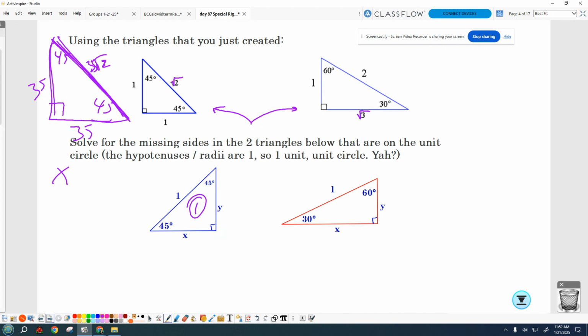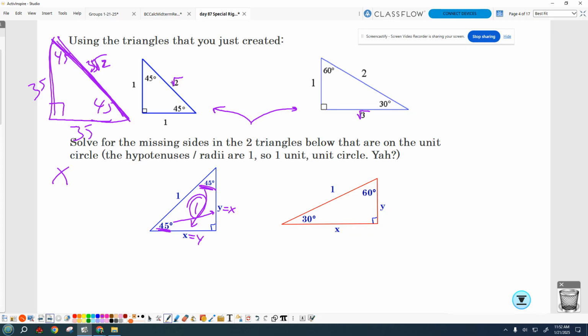Ciela, can you tell me why? In isosceles triangles, the angles that are equal, the sides across from them will be equal.